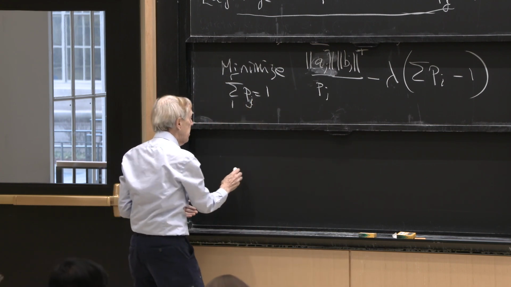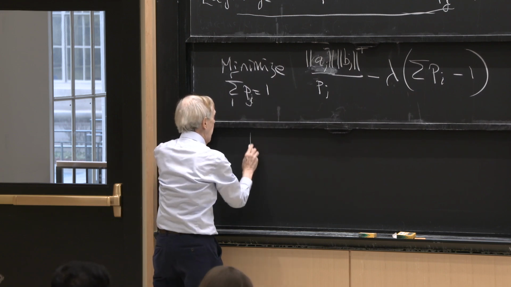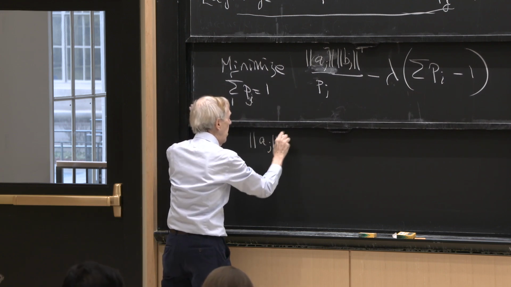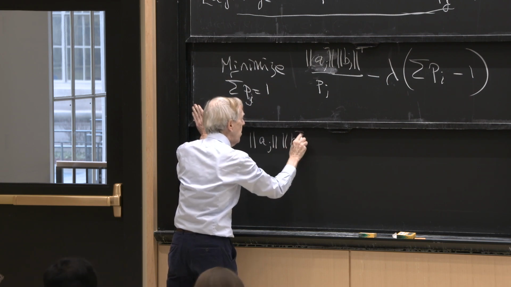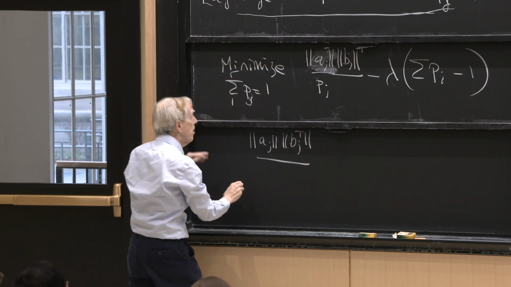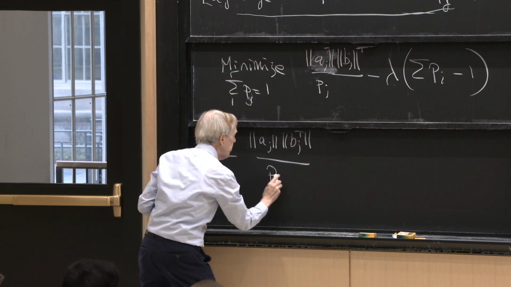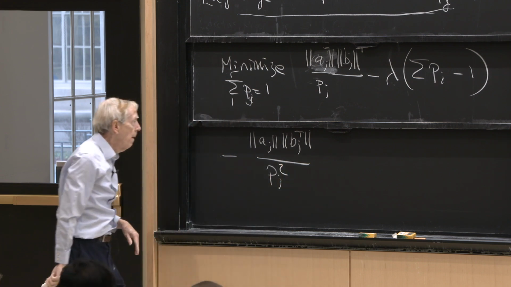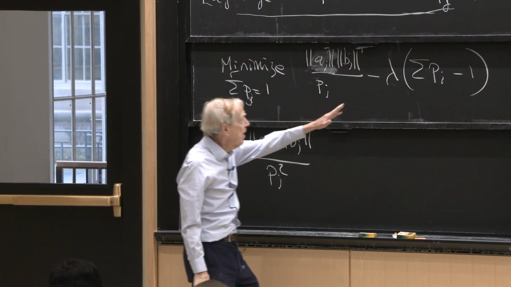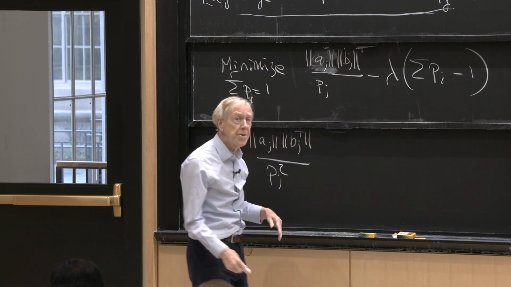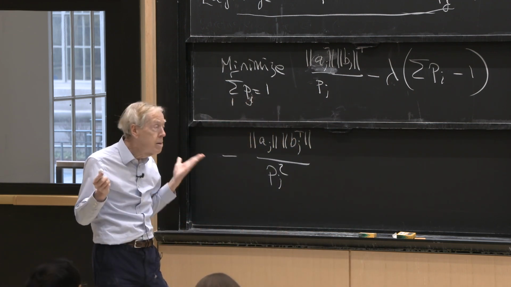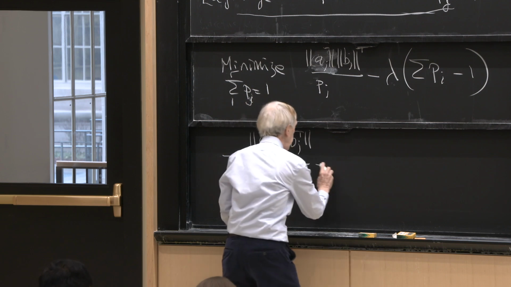Okay, calculus. Take the derivative of that. It's aj bj transpose over pj squared, with a minus, right? And the derivative of that with respect to pj is minus lambda.